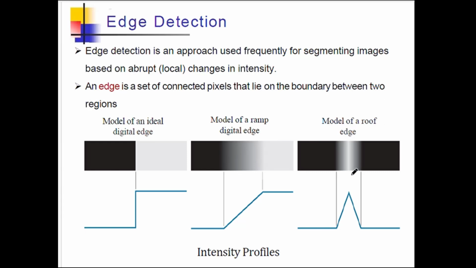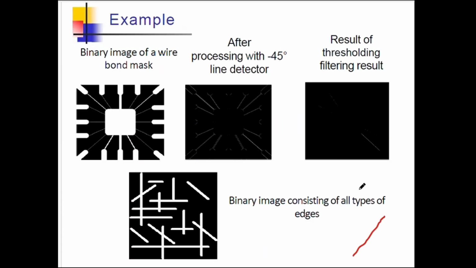What is a line? See this example, see the line. A line is a line on a constant background. If a constant background consists of different intensity pixels in the form of a line, then that is called line discontinuity.